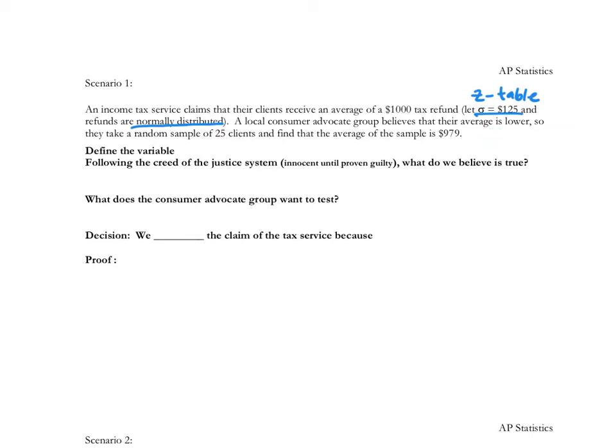So if you get a tax refund, do you want a larger tax refund or a smaller one, right? Most of us would want more money back. So they're concerned that it's lower than they say, which means in a way they're kind of lying to the clients, right? So first of all, let's define the variable.